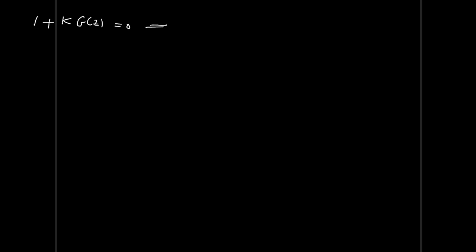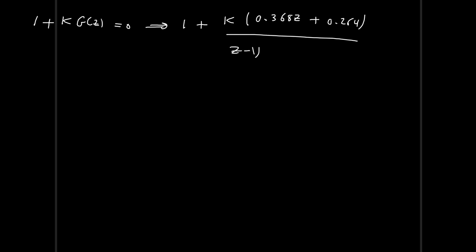So we can write the characteristic equation as 1 plus K times 0.368 z plus 0.264 over z minus 1 multiplied by z minus 0.368.